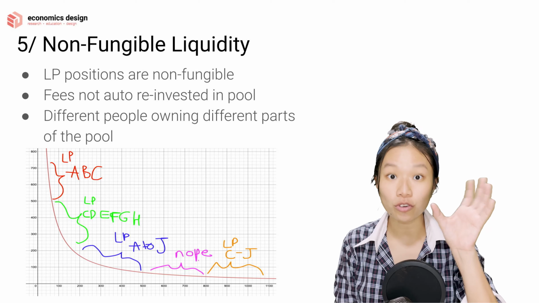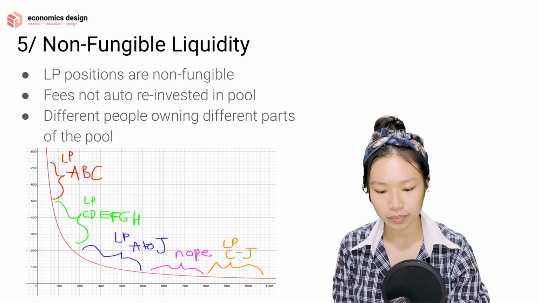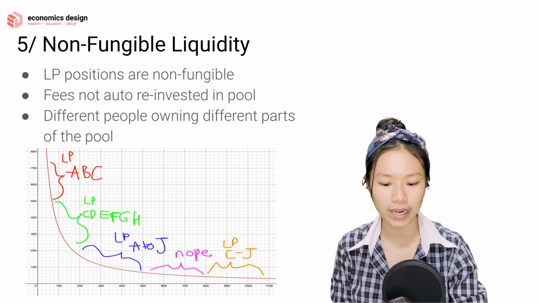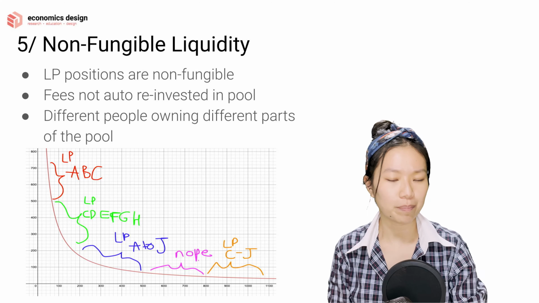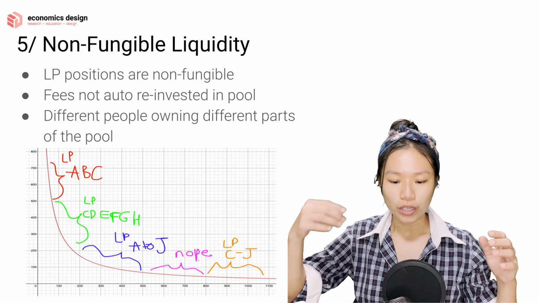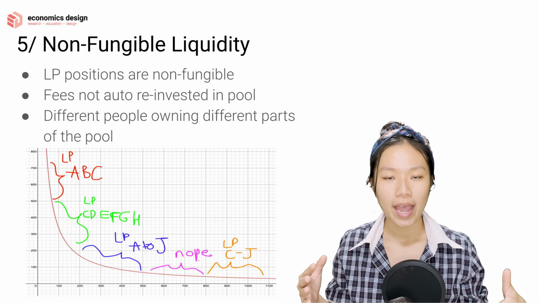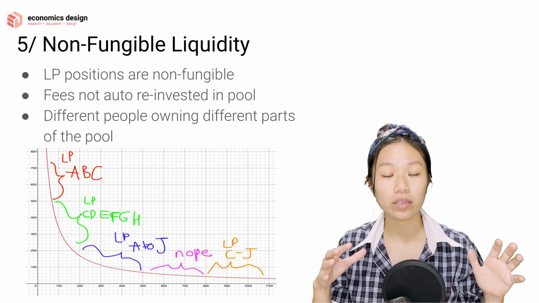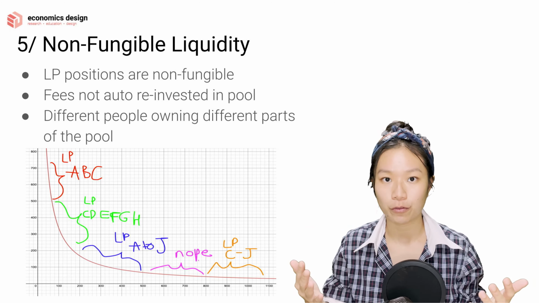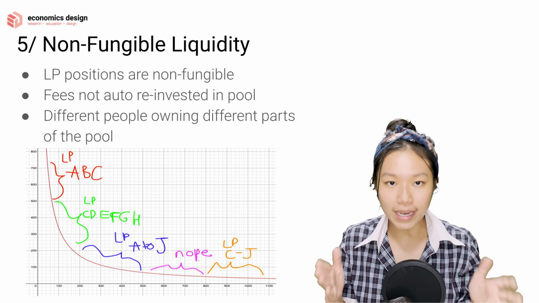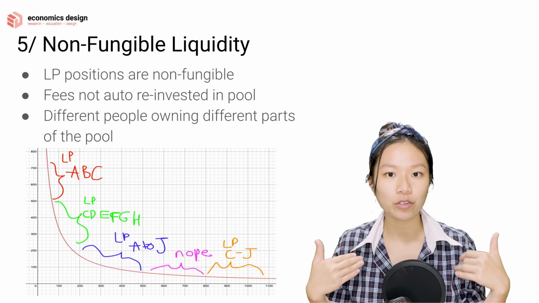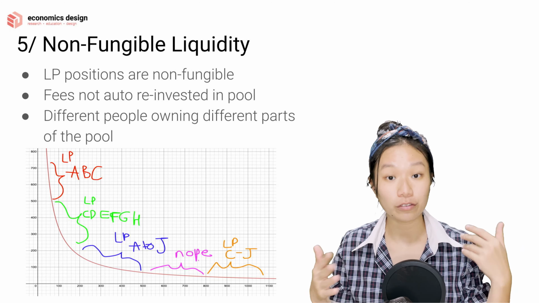So that's like the general prices being traded at. And then there's a range that people are not trading at. Then there's a small range that people might be trading at again. So different people own different parts of the pool, different parts of the curve, and their LP tokens will be worth differently. They're worth differently because they receive transaction fees differently.